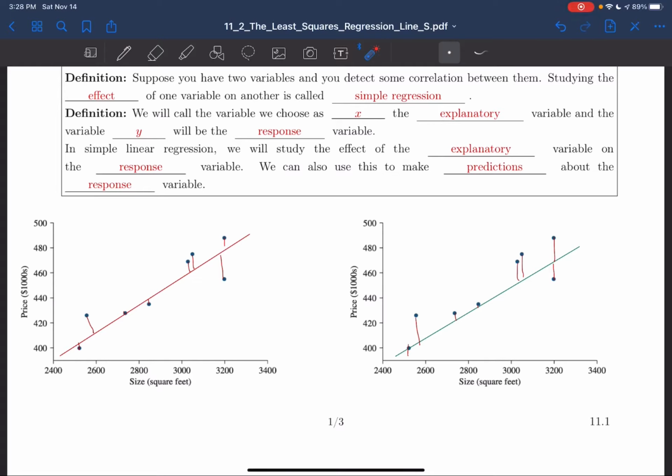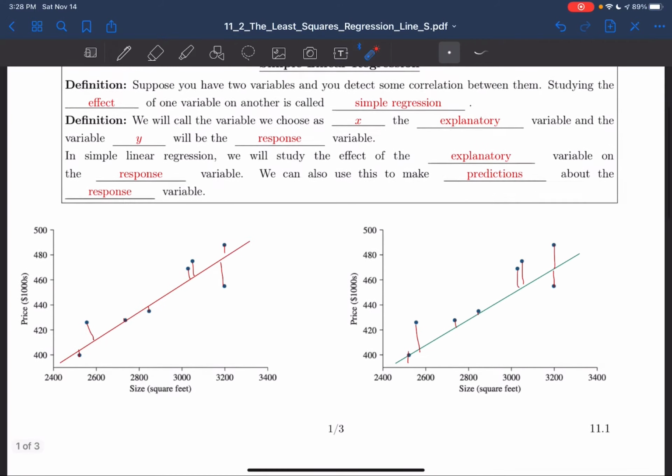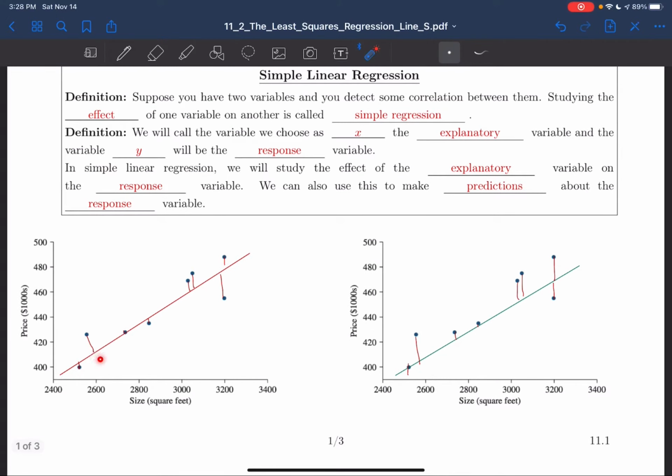And that's something that we're going to discuss. We call it the least square regression line. It's also known as the best fit line. Those are the two common names for what we're going to do. The reason it's called the best fit line is because it's literally trying to get the best fit line of the data set that we're working with.